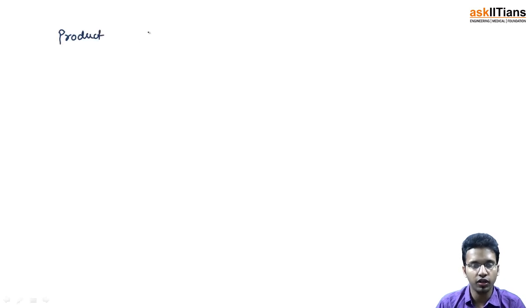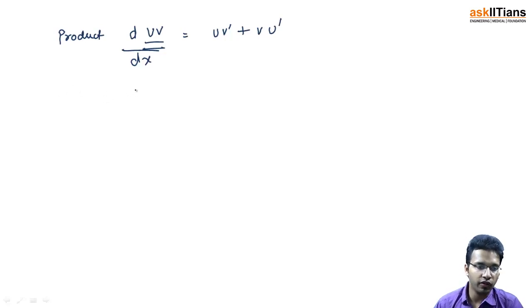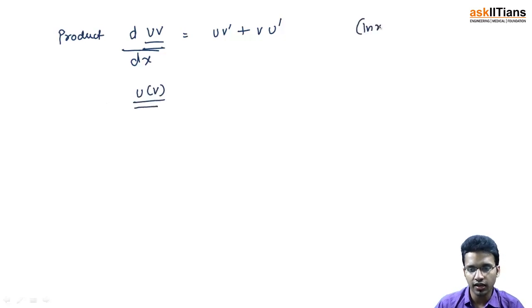You can all just note now, uv, if I want to differentiate these two functions, the rule was u into v dash plus v into u dash. Chain rule again was self-explanatory, function in function. Now when I'm saying ln x raised to power n, what is this basically? u of something is basically that thing raised to power n.